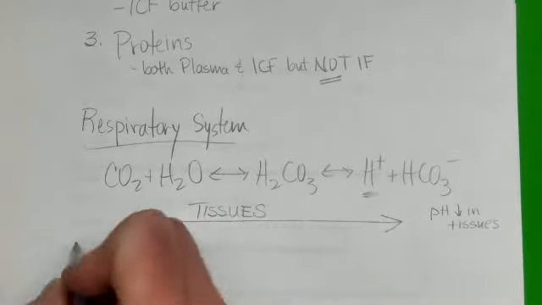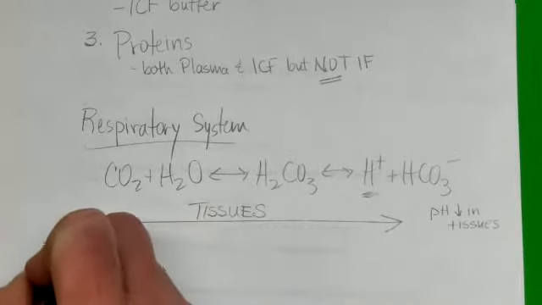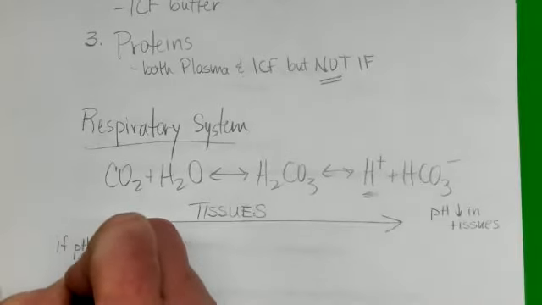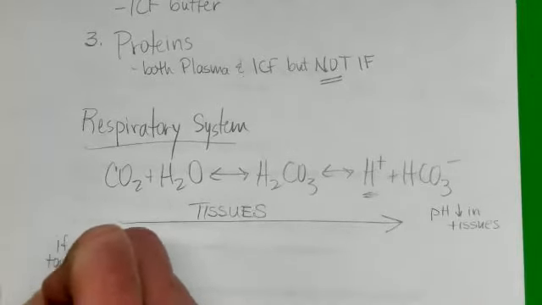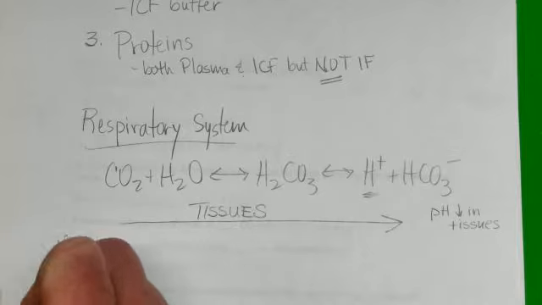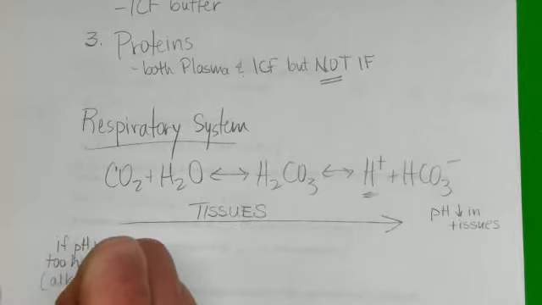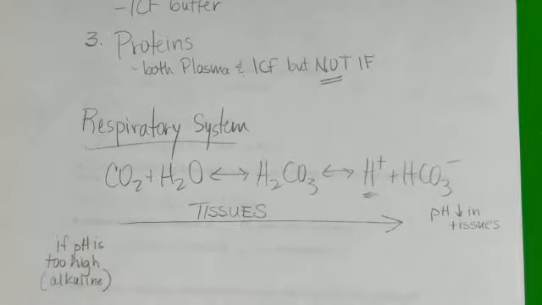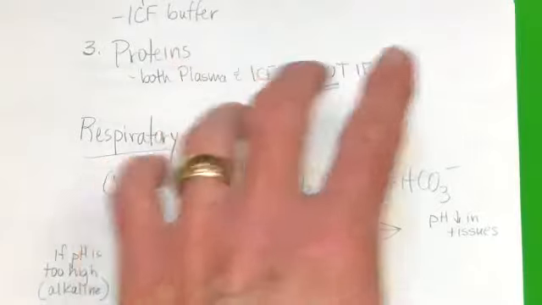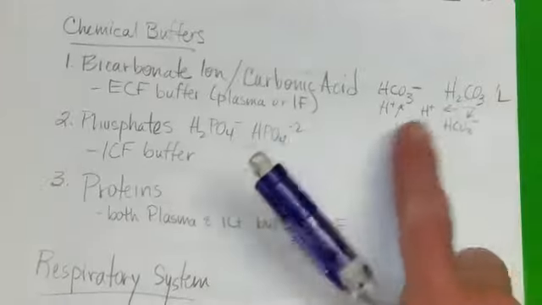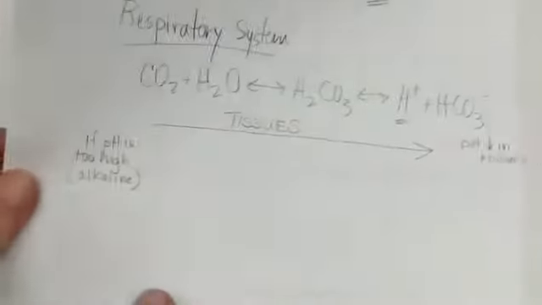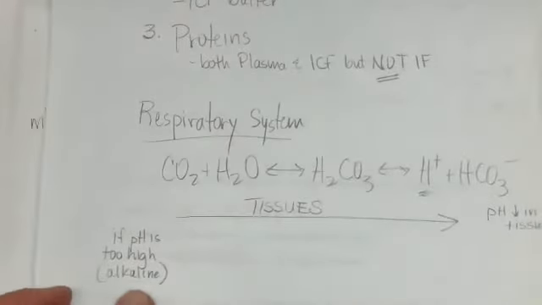So I'm going to put over here, if pH is too high, or we say alkaline, how can we correct that alkalinity? Well, obviously up here I can have my carbonic acid go backwards, donating hydrogen ions to lower my pH if I'm in an alkaline situation.